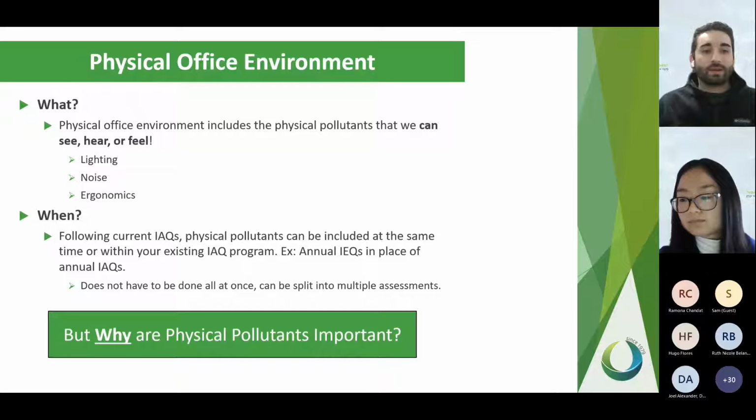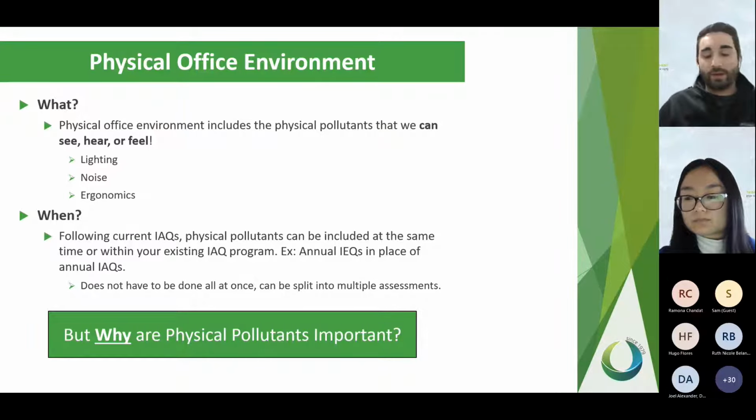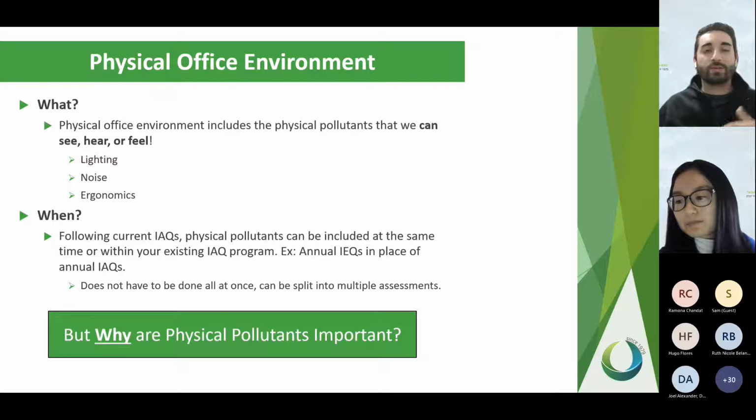You can do it following your, okay, for example, let's say you conduct IAQs on an annual basis. You can lump this into that IAQ program and create an IEQ program. So you have annual IEQs, and those can be done not all at the same time, but let's say you do an IAQ in March, you do a ventilation assessment in September, then you can do your physical pollutants some other times throughout the year.